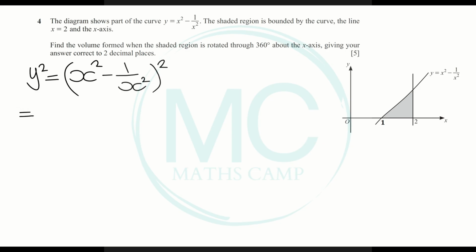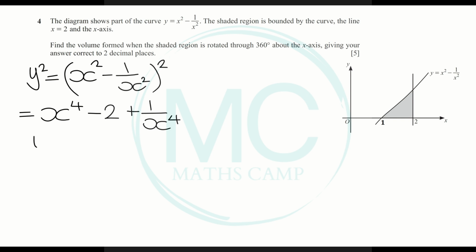I'm going to get x with an exponent of 4, x squared multiplied by negative 1 over x squared. The x will cancel. I get negative 1, double it, get negative 2, plus 1 over x to the power of 4. This is the equation that I need to integrate.